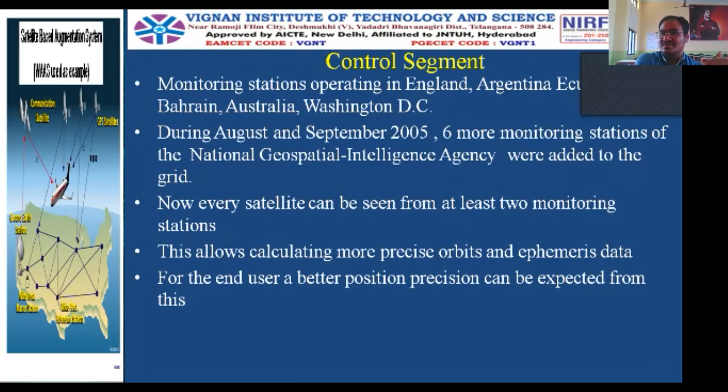The master control station will take care of all the calculations because the user does not have enough calculating ability. So the master control station will know the time of transmission, and will note down the time of arrival.